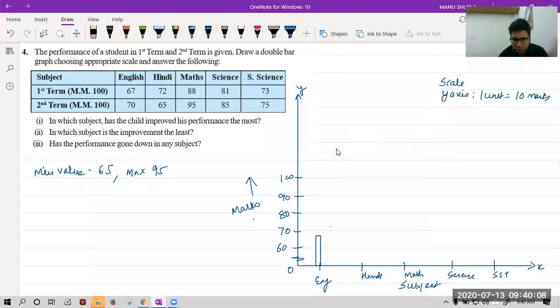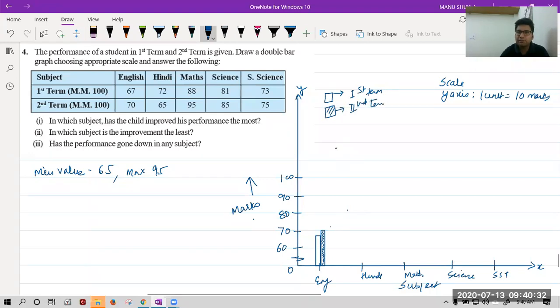In second term she got 70. Like this I can show. And let me shade the second one like this to give a difference. I can indicate over here that the white box means first term and the shaded box is second term. I hope you are getting this.